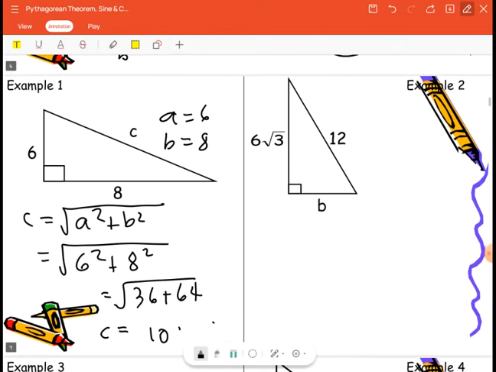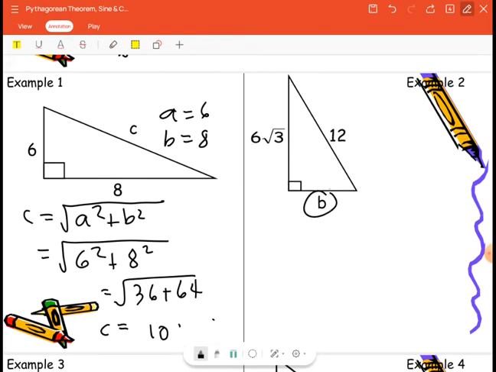For the next example, ang hinahanap ay B. So, ito yung hypotenuse, C, at ito yung A. B na lang gamitin natin. B is equal to the square root of C squared minus A squared.